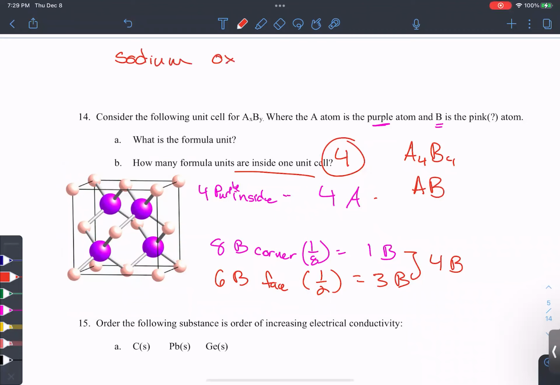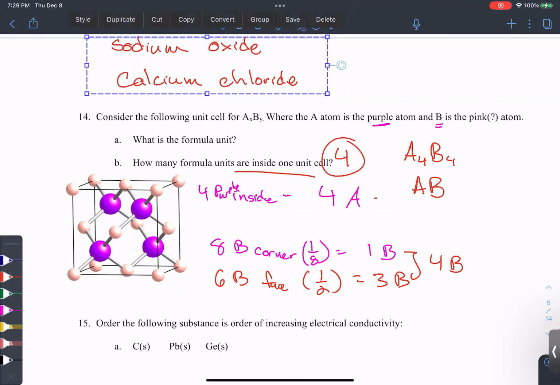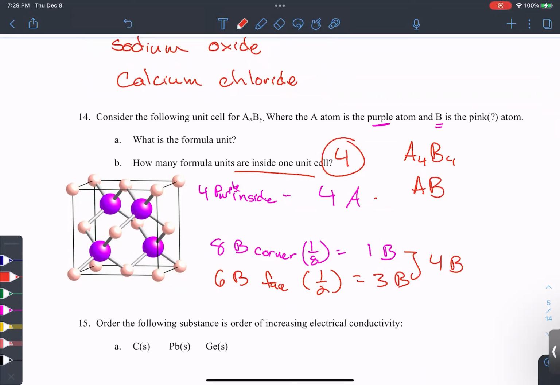Sodium oxide, or calcium chloride, or lithium fluoride. A, B, C. Okay. C, yes.